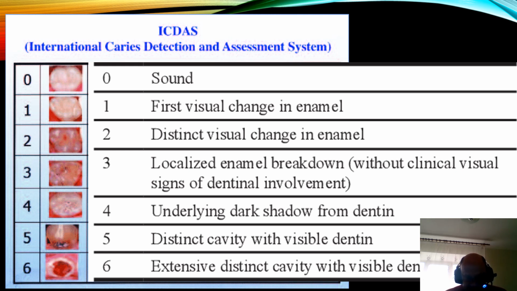Let's talk in more detail. According to this classification, score 0 means sound.